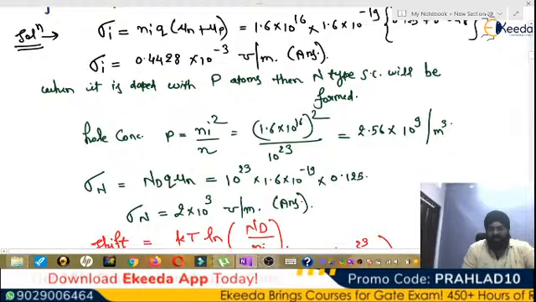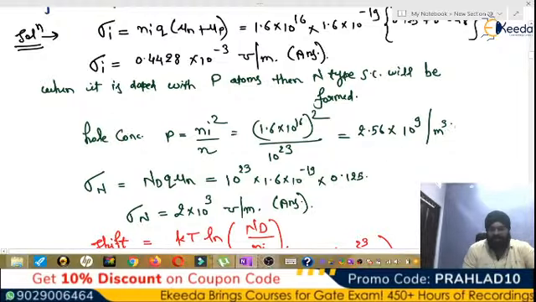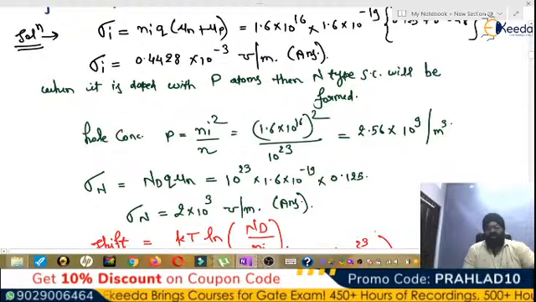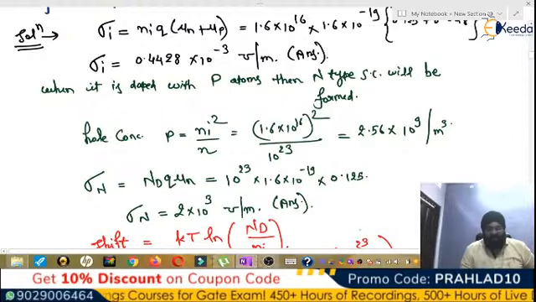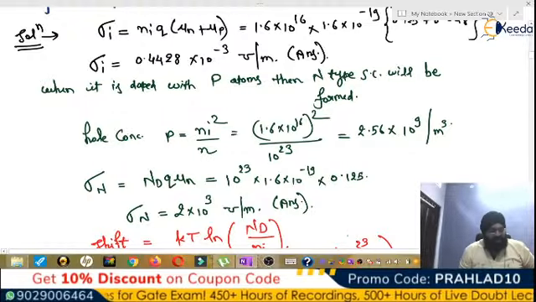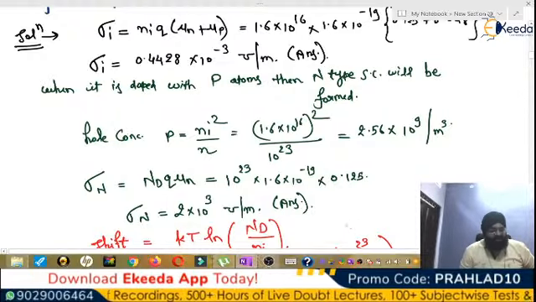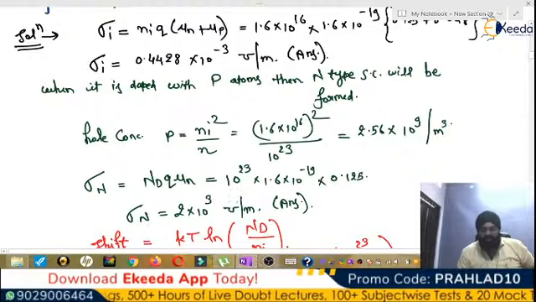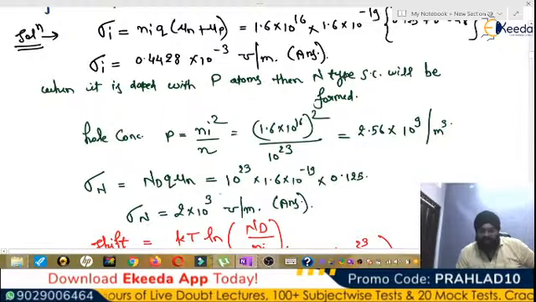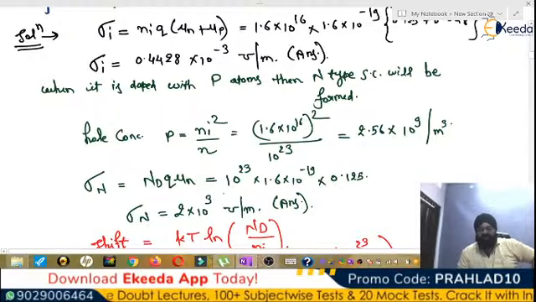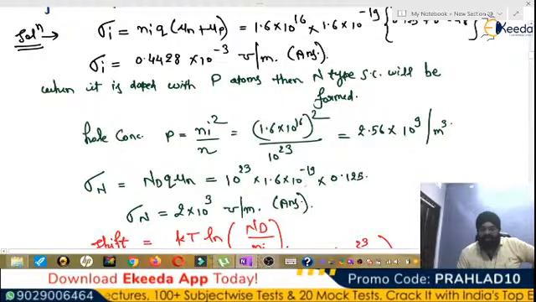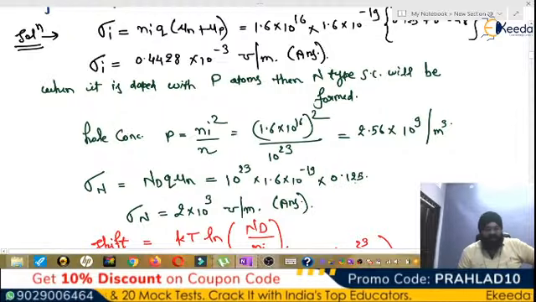So it is 2.56 into 10 to the power 9 per meter cube. So the conductivity of n-type semiconductor is Nd into q into mu n. Nd is given as 10 to the power 23, charge is 1.6 into 10 raised to power minus 19, and mu n is 0.125.